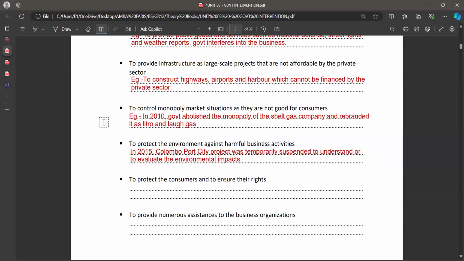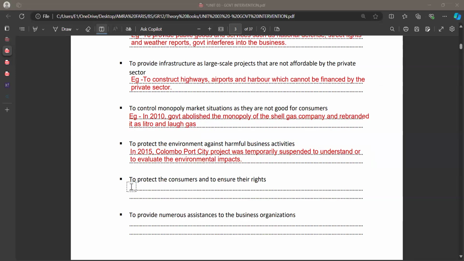I think they also got Hambantota Harbour on a 100 year agreement. Yeah, they leased it. 100 years. Yes, Hambantota Harbour, right? Okay.